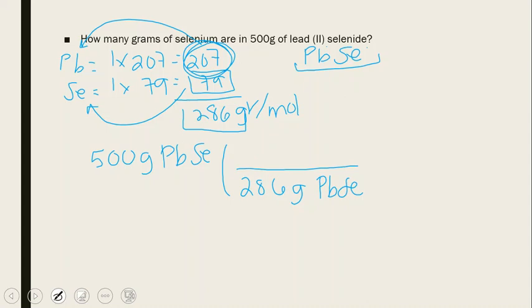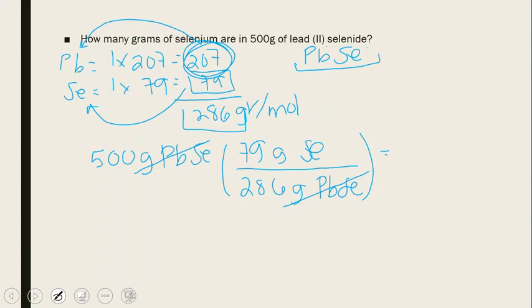So in these 286 grams of the whole compound, 79 grams are for selenium. And we have to cancel grams of the compound and solve it.